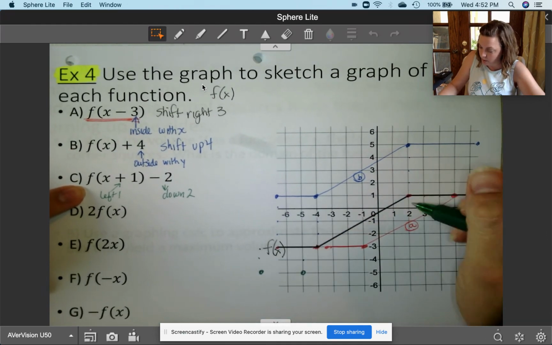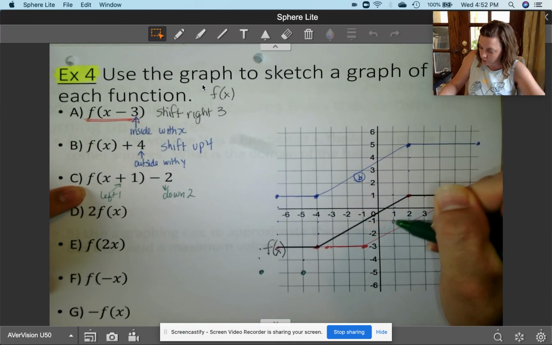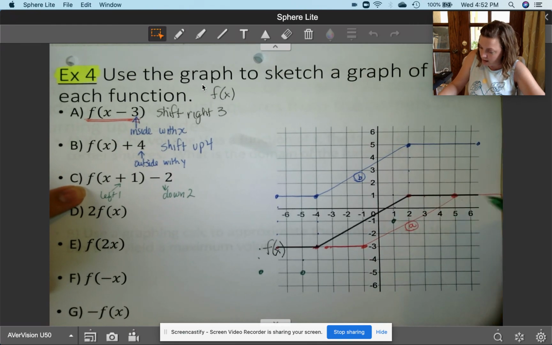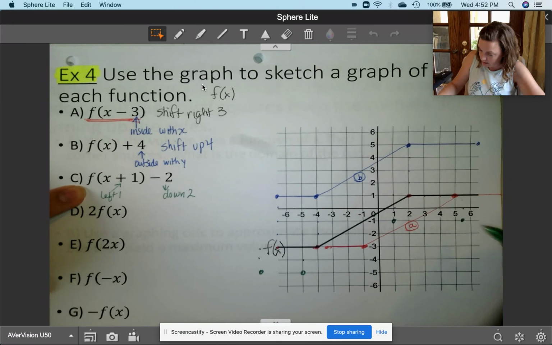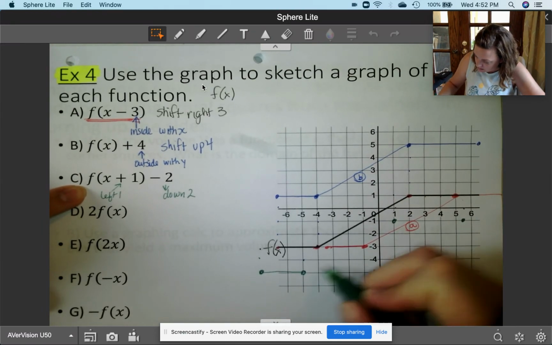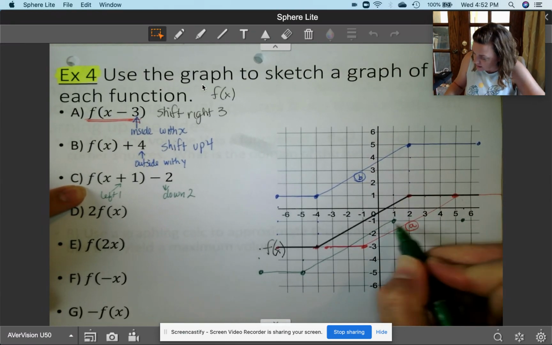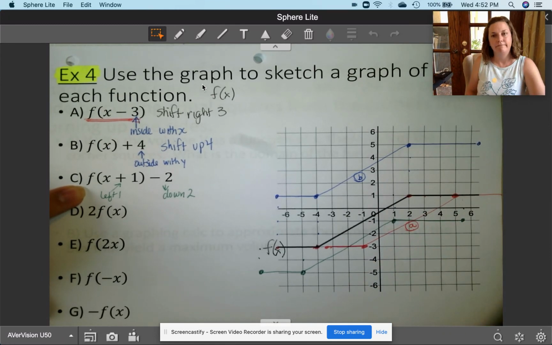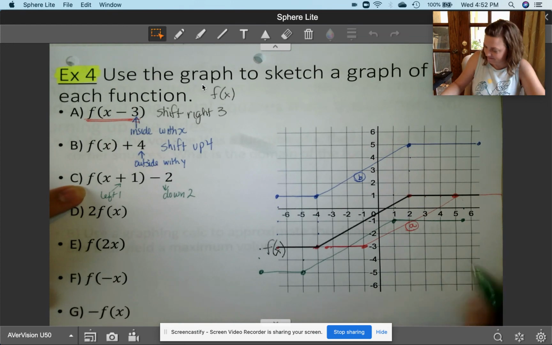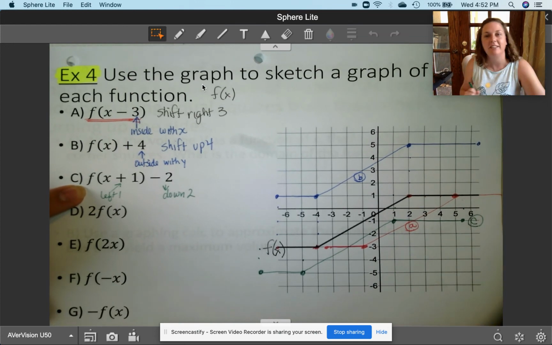I'll go to this point, go left 1, down 2. And my very last point, left 1 puts me in the middle, and then down 2, and connect the dots. When I do this again next year, I'm going to change this graph because it's just not complicated enough. All right, so this is graph letter C, I'm calling it.